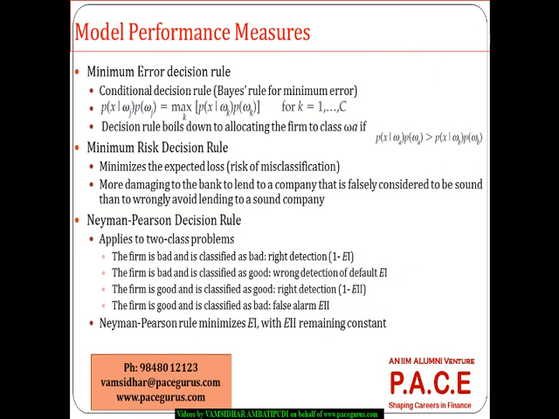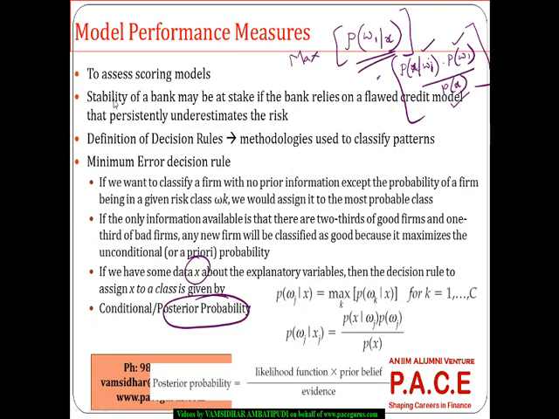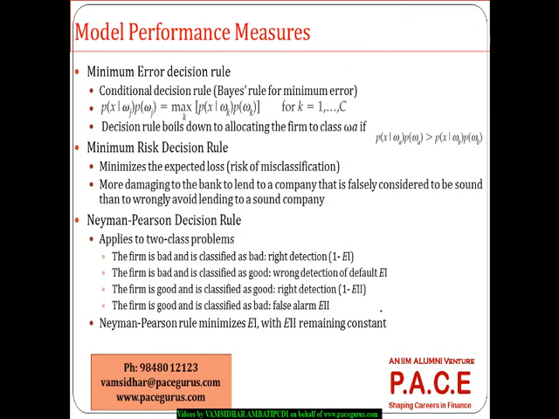So I'm going with the conditional decision rule, where I maximize the probability of x given wj multiplied by the probability of wj. Whichever is the maximum, I allocate to that class.